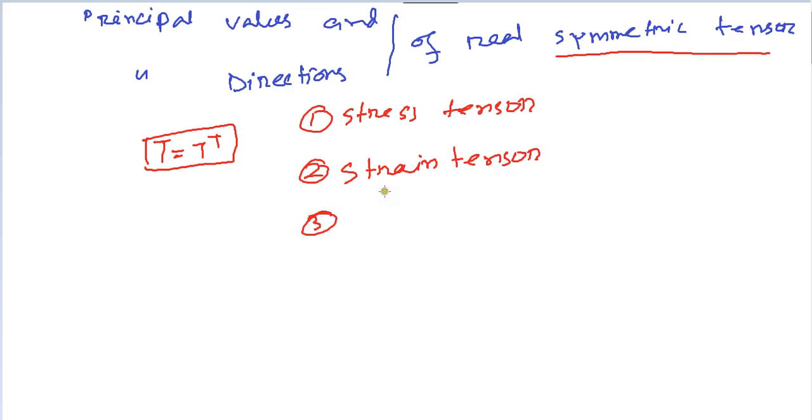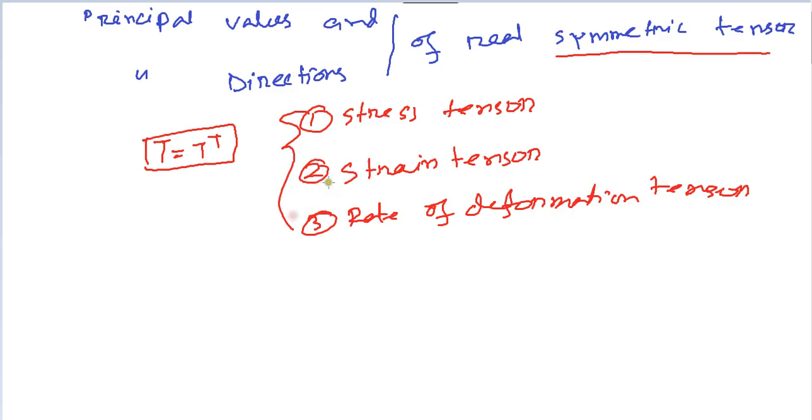Any kind of tensor that we use in real life must be a symmetric tensor. So these tensors are symmetric, right? You know that a symmetric tensor is T plus its transpose, divided by 2. Yeah, it is. So these are symmetric.